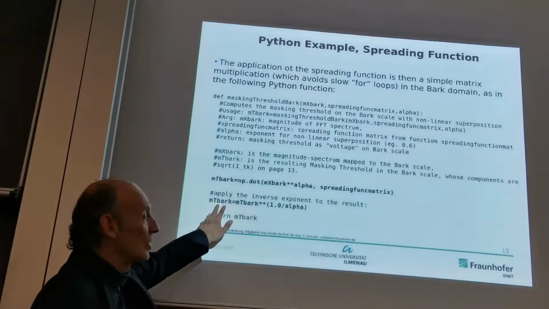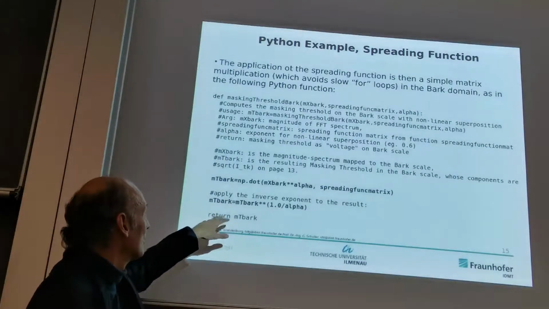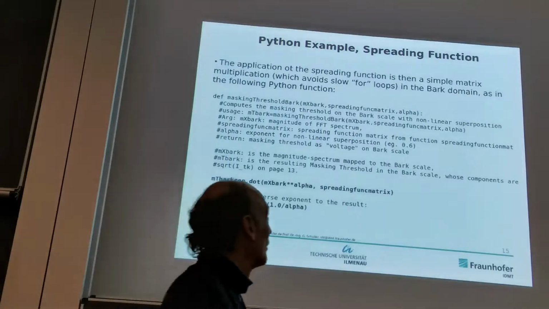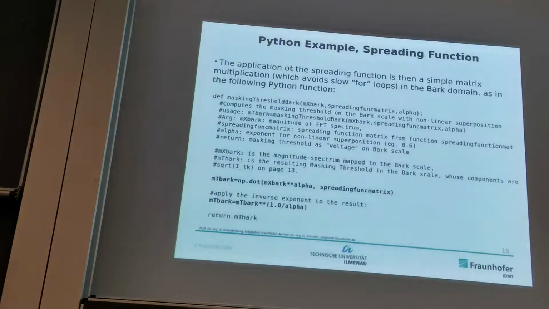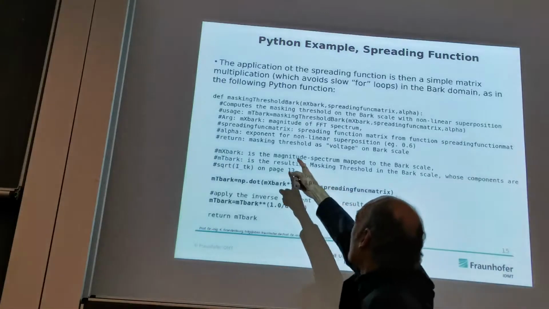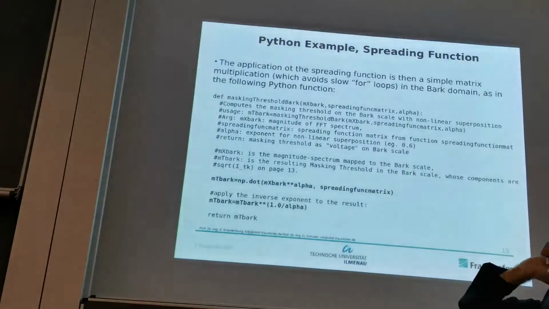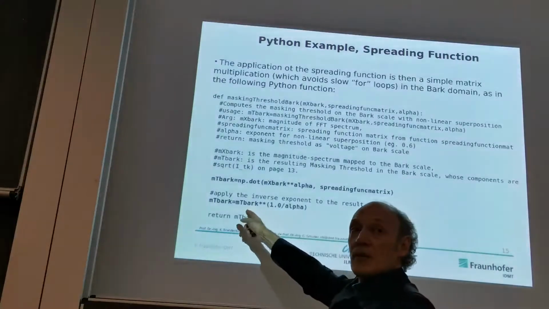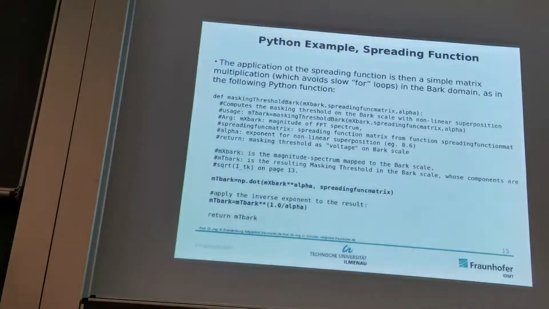So this is now the main part of our model. This mt bar contains our masking threshold in the Barbed domain, returned as a voltage on the Barbed scale. It tells us how much noise we are allowed to add for each Barbed band, so this already gives us the quantization step size.